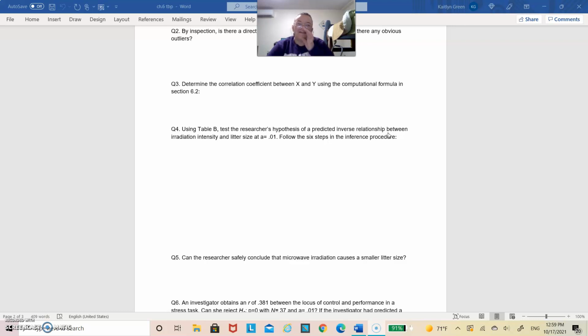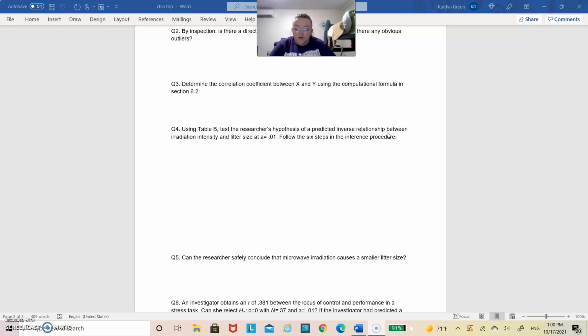So that means it's going to be a one-tailed test, because the researcher is hypothesizing that it's going to go in one direction rather than the other. And so because of that, we're going to make our H0, or null hypothesis, be rho is greater than or equal to 0, and our alternative hypothesis is rho is less than 0.